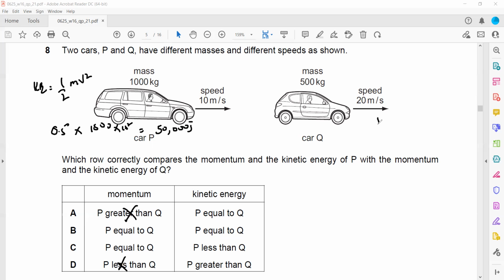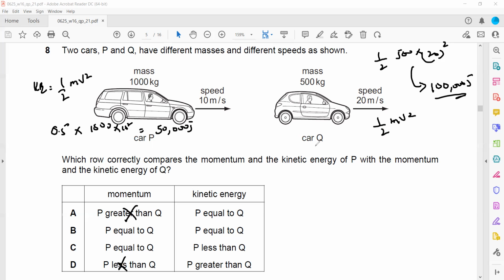Kinetic energy of car Q is also half mv squared. So 1 by 2, the mass is 500, but the velocity is 20 squared. So it will be 20 squared times 0.5 times 500, which is equal to 100,000 joules.